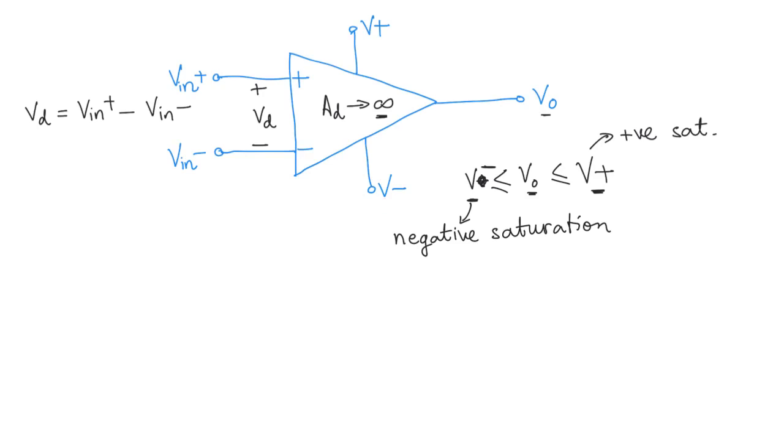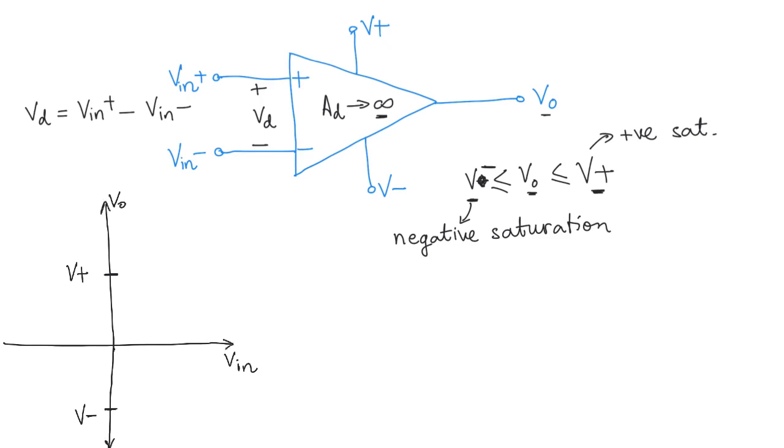Okay. One of the ways in which we can write this is by drawing a graph. So let's do that. Let's put V in on the x-axis, and let's put V out on the y-axis. Let's say this is our power supply V plus, and that's our value V minus. So that's on the negative side, and this is on the positive side.